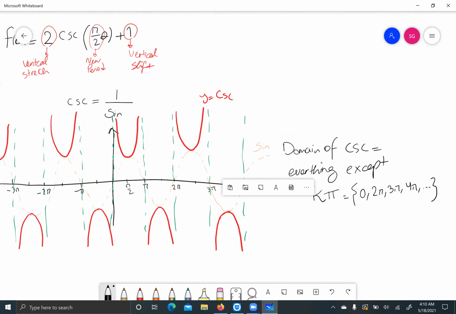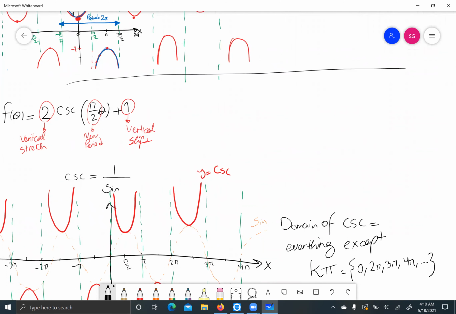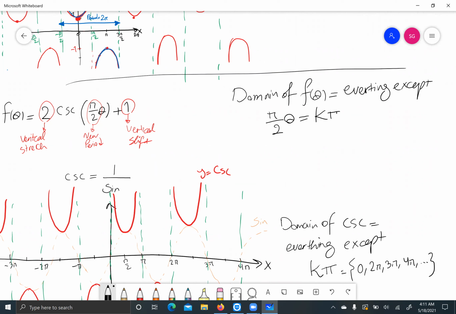So now the domain of this new function, the domain of f of theta, is everything except when the input value is a multiple of pi. Here the input value is pi over 2 theta, so whenever this input becomes 0, pi, 2 pi, 3 pi, and so on.